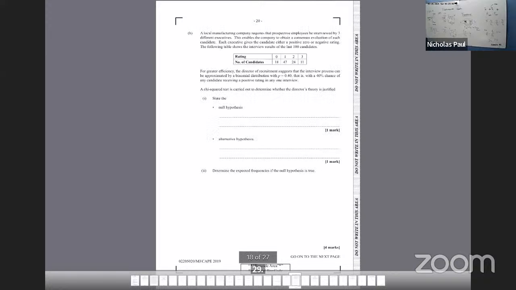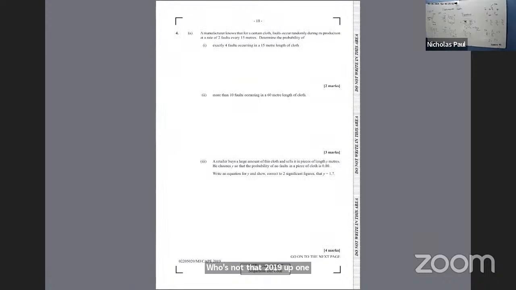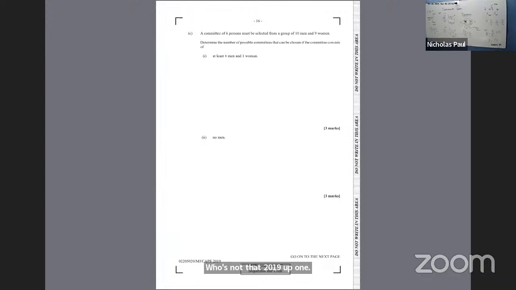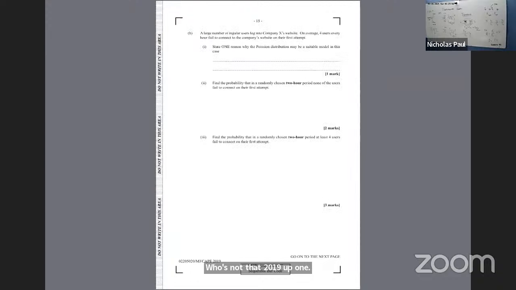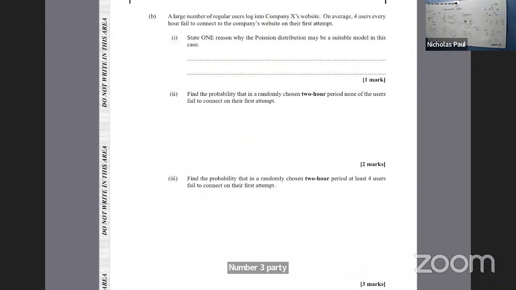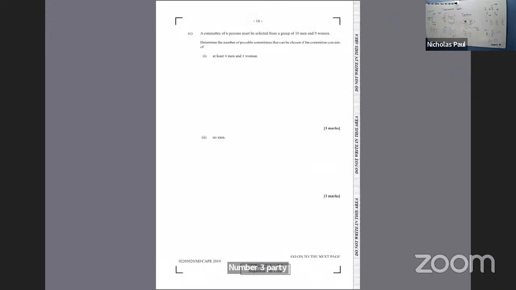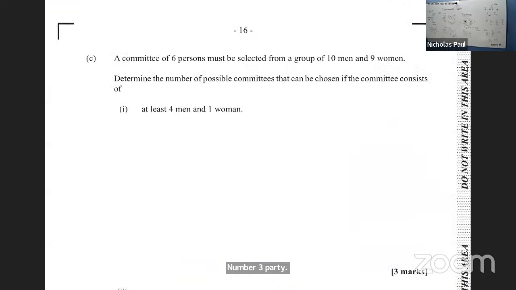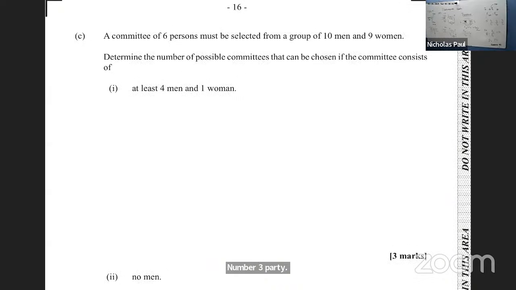Who's not 2023? 2019 have one. 2019 is number 3 part 3.